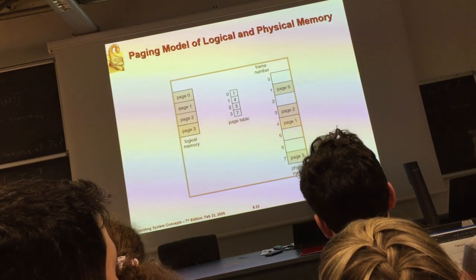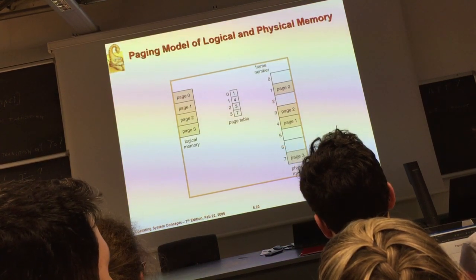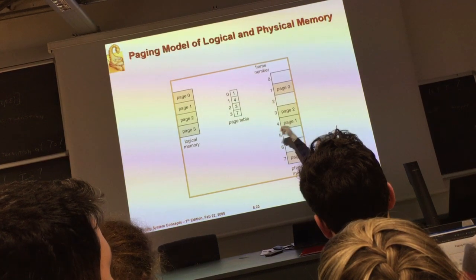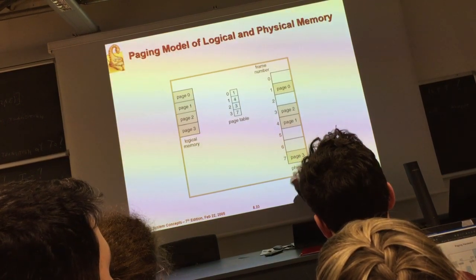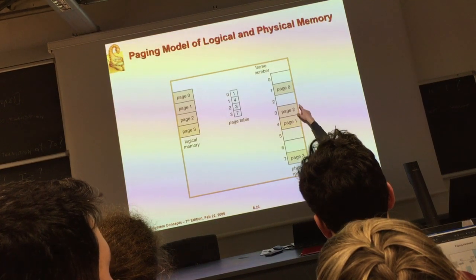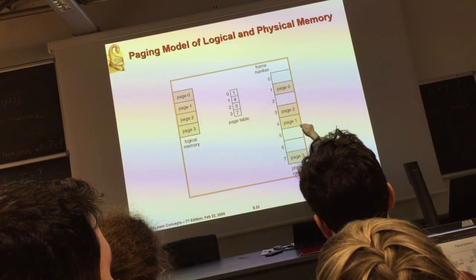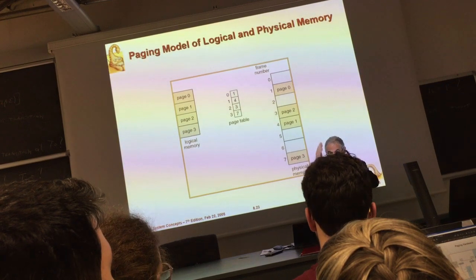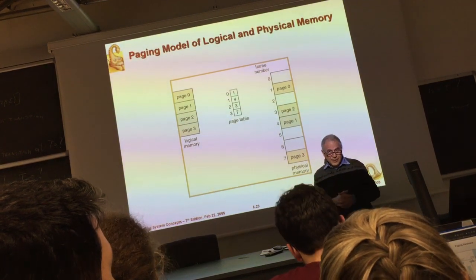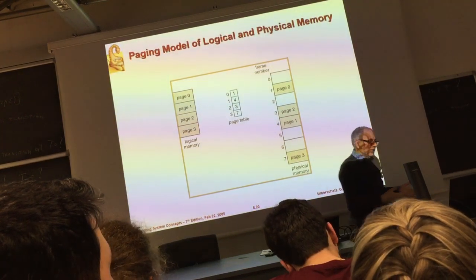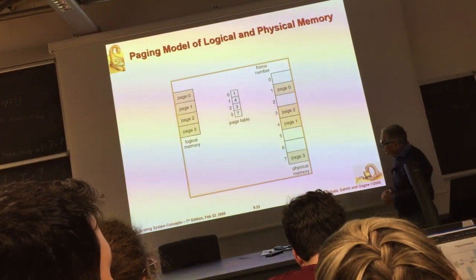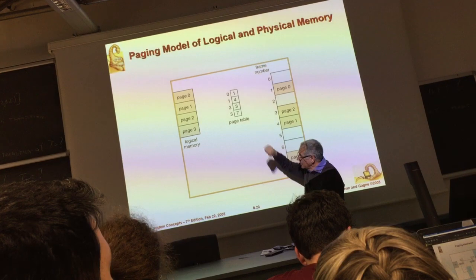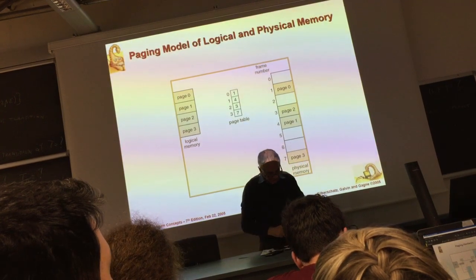So, all the references to physical memory must pass through the page table. And you see that here is page 0, page 1 is here. But there is no contiguity. Okay? This is made transparent by the hardware through the memory management unit that uses the page table.